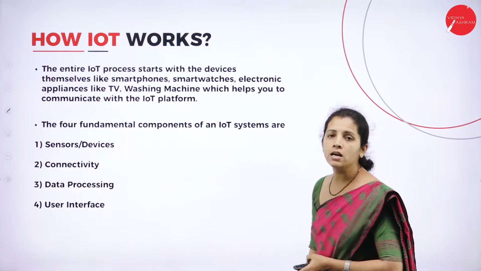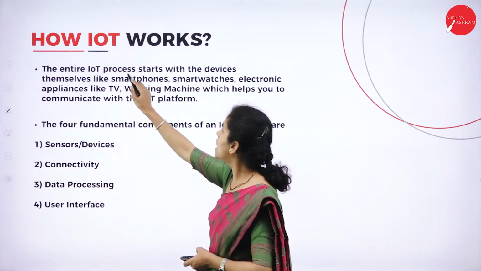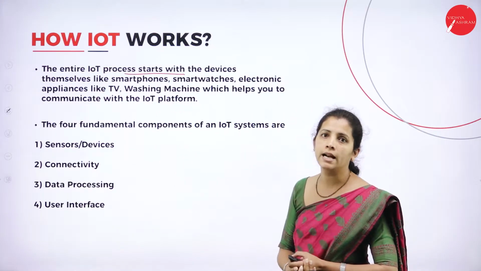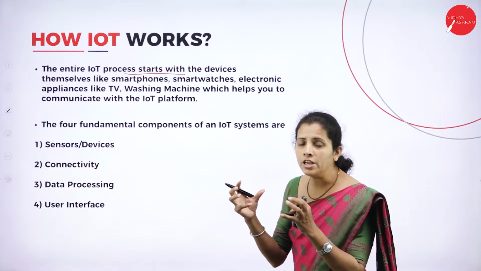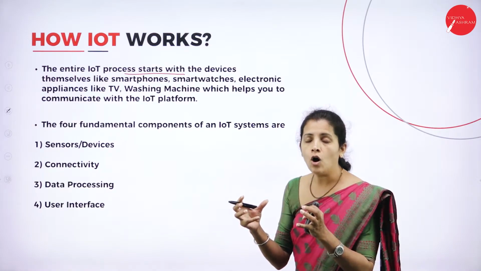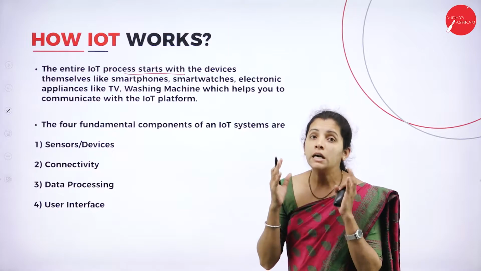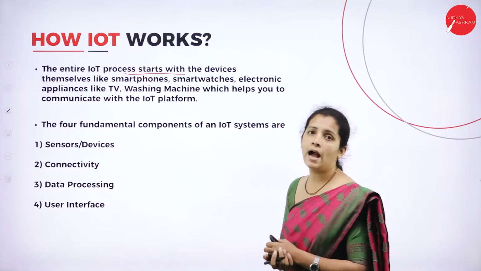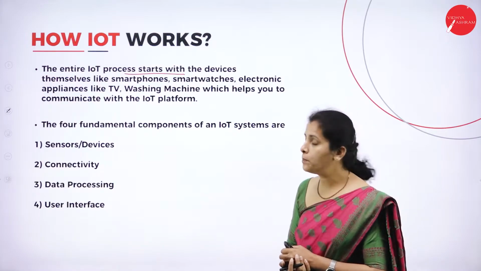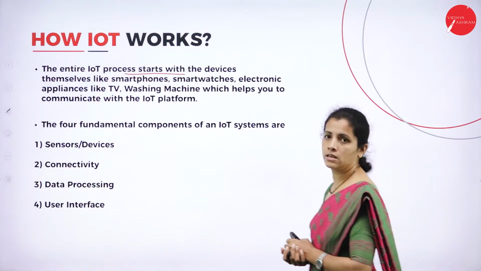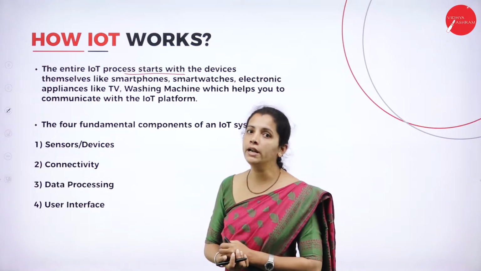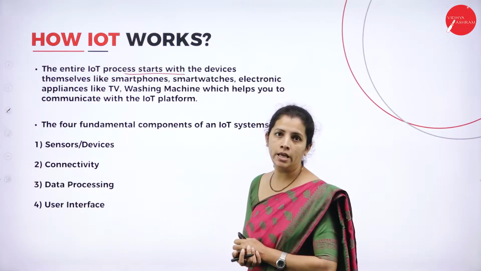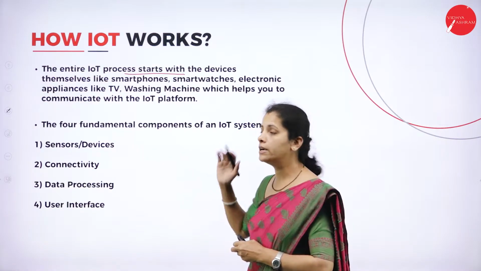The entire IoT process starts with the device. That means to establish connection, or if I want to create a smart house, I must have the following equipment or devices. That's nothing but the components of IoT, that is components of Internet of Things.